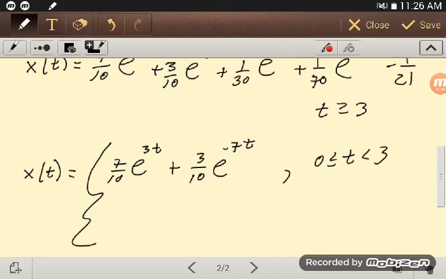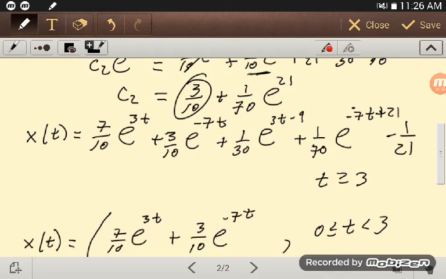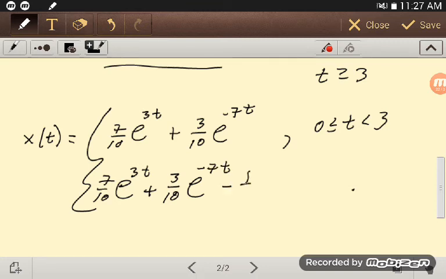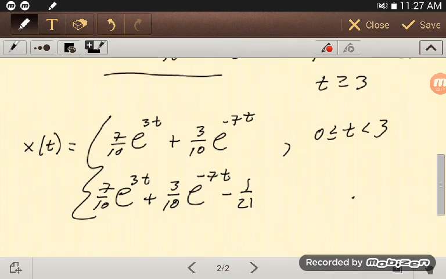And then we have that same part, but then we have that extra stuff added on. So again, we have the 7 over 10 e to the 3t plus 3 over 10 e to the minus 7t minus 1 over 21. And then I think those were pluses, right?